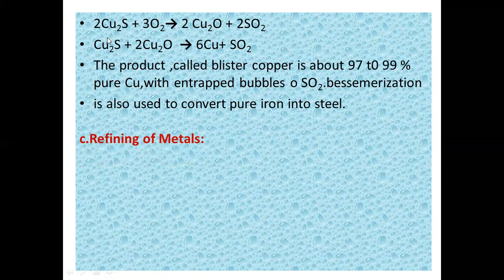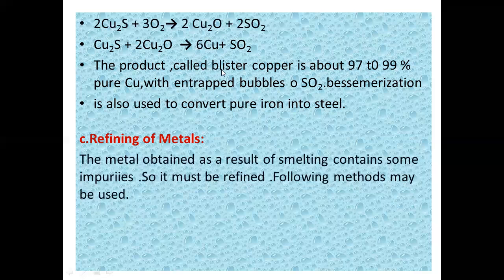Suppose 80% of the copper sulfide is oxidized into copper oxide, still 20% copper sulfide is left. That copper sulfide then reacts with the product copper oxide and gives us metallic copper and sulfur dioxide. This metallic copper is called blister copper, and it is about 97 to 99% pure copper.